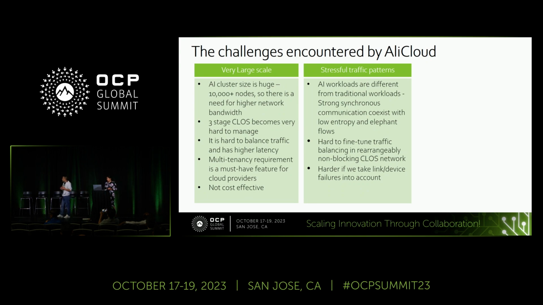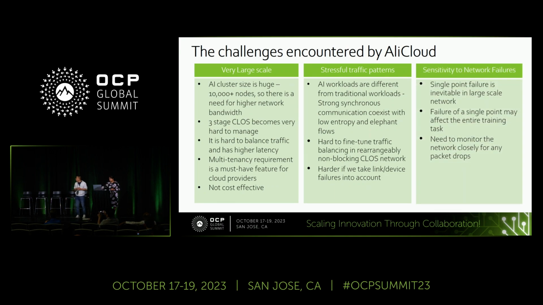That's why it's even harder if we take into account inevitable link and device failures in a large-scale production network. That's why we need a new approach to get full utilization of our high bandwidth network, and Kamini will talk about this part.